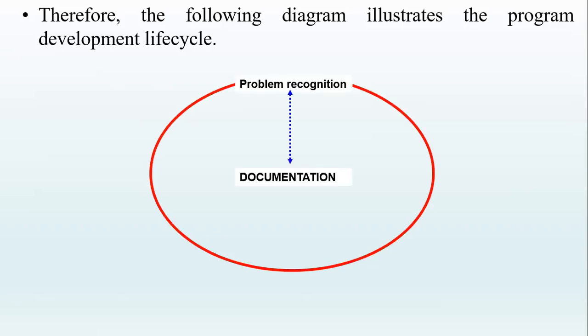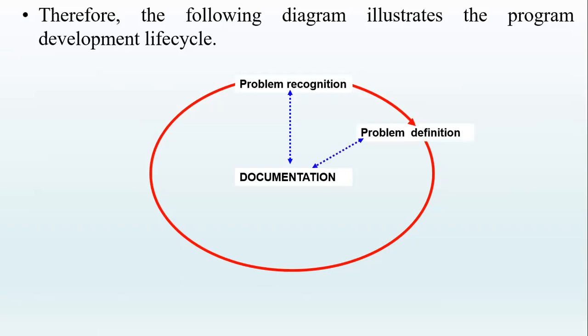The following is therefore a diagram illustrating the program development life cycle. The first one is problem recognition. And of course, in every step, you also do the documentation for that stage. Program documentation is not a single step, it's not supposed to be done at just a single step, but it's supposed to be done at each and every step.